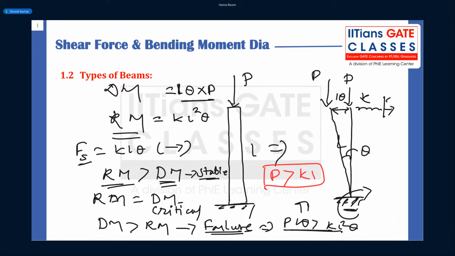What is going to happen? For any small disturbance, that disturbance will increase, right? For any small theta, the theta will keep increasing. Then failure will happen. So that is buckling of a column. Now is it clear to everyone what buckling of a column actually is?